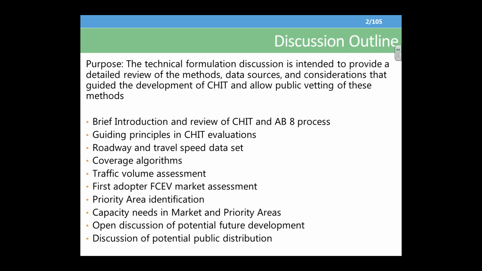Again, like this morning, we'll provide a high-level overview of the motivation as it's related to AB8. We'll discuss the guiding principles that set the framework for a lot of the decisions in our work.